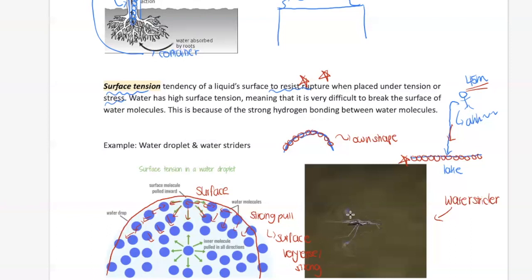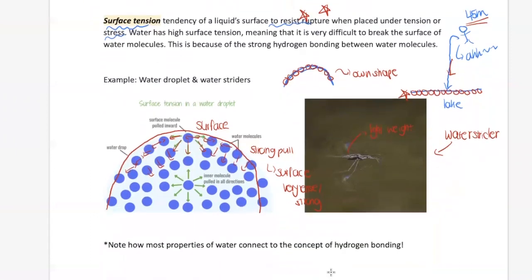Water striders have extremely light weight, so their weight is not large enough to break the surface of water, which is really strong due to strong cohesive force and strong hydrogen bonding between water molecules. So it makes the water striders float on water due to the high surface tension.